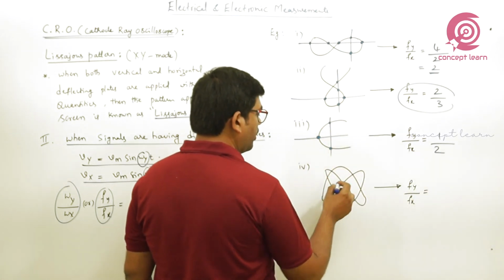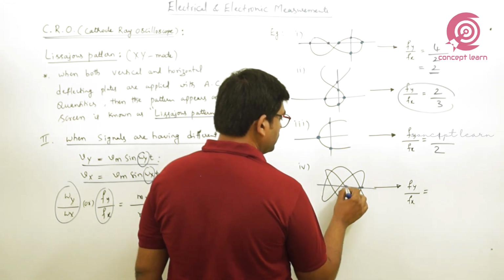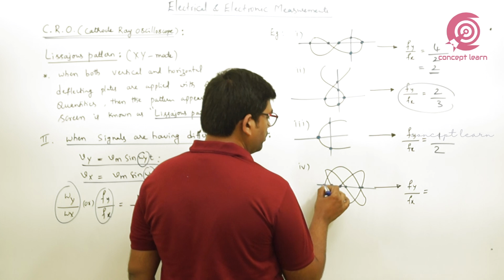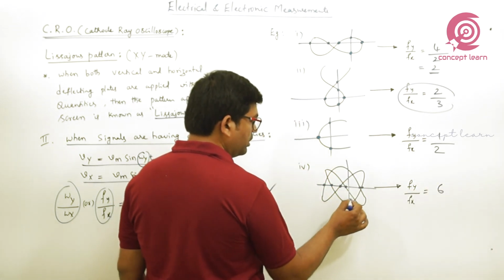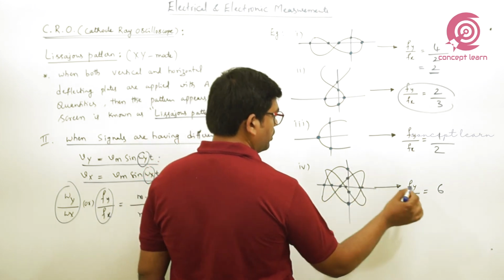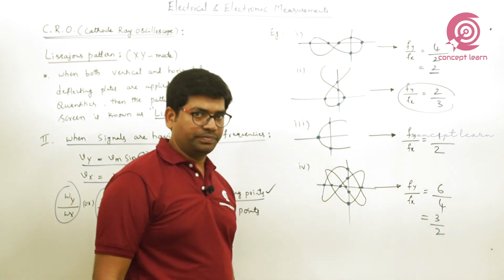Follow this, horizontal if you check, right? 1, 2, 3, 4, 5, 6 we will get. Vertical if you draw 1, 2, 3, 4, so 6 by 4, you can even keep it like 3 by 2.